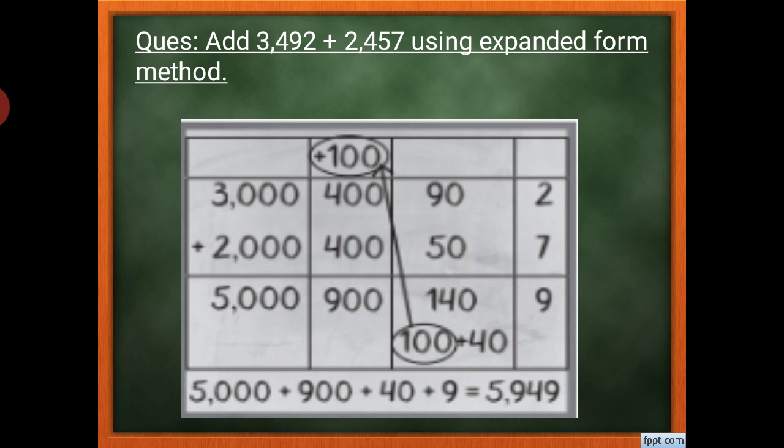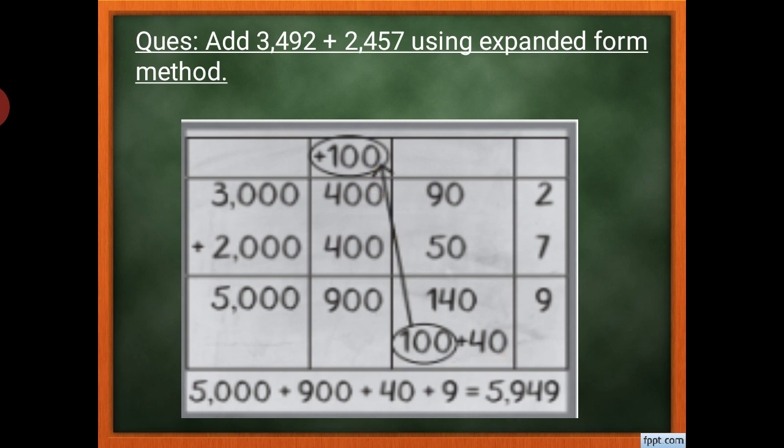Then we will be adding the numbers, like 2 plus 7 is 9. 90 plus 50 is 140, and since it is the tens column, we will be shifting this 100. We can break 140 as 100 plus 40, and 100 we have shifted to the hundreds column, and 40 remains here.